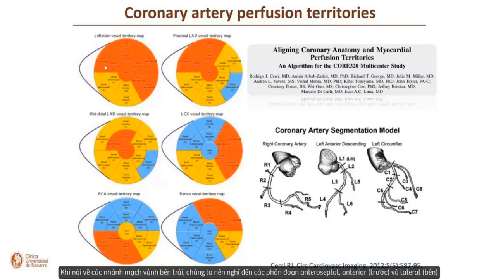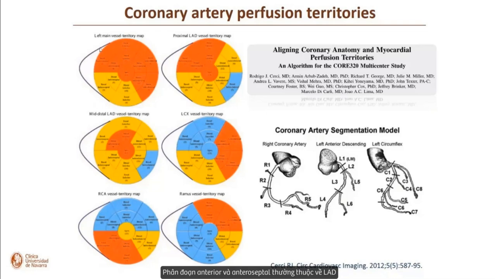When we're talking about the left coronary arteries, we need to think about the anteroseptal, anterior and lateral wall. This aspect is usually anterior, anteroseptal, LAD. The lateral aspect is usually coming from the left circumflex coronary artery.